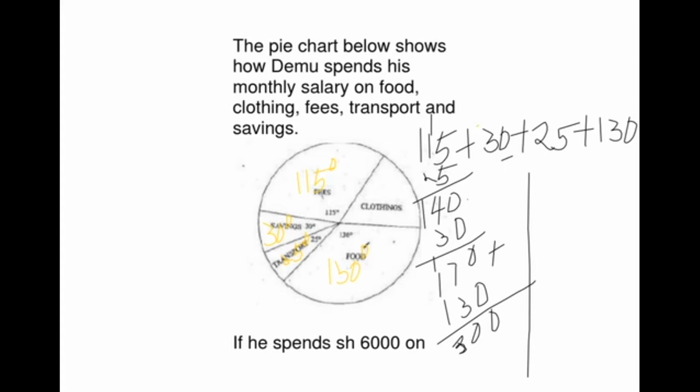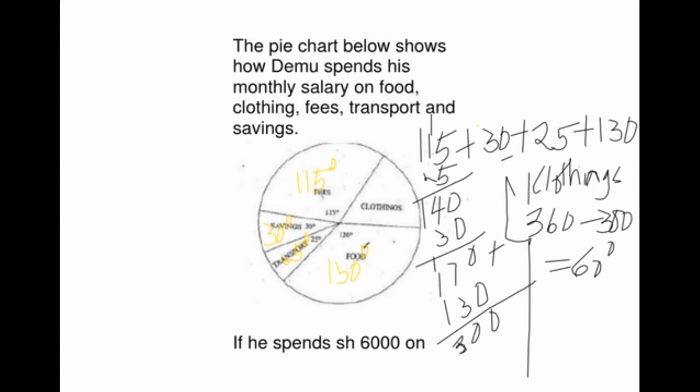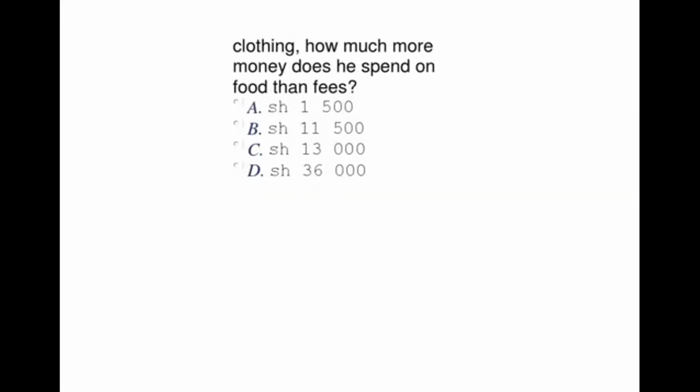So the angle for clothing will be given by 360 minus 300. So we have 60 degrees for clothing, and we are told 6,000 shillings was used for clothing.